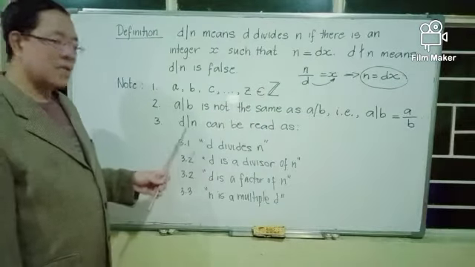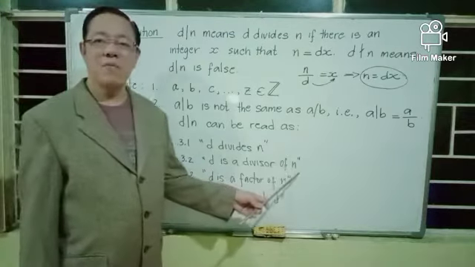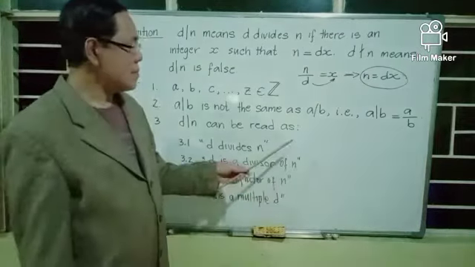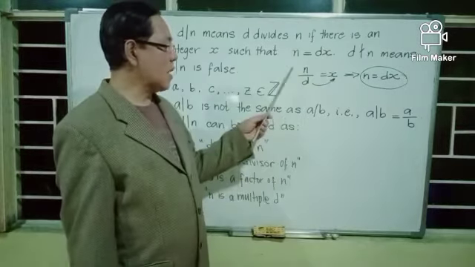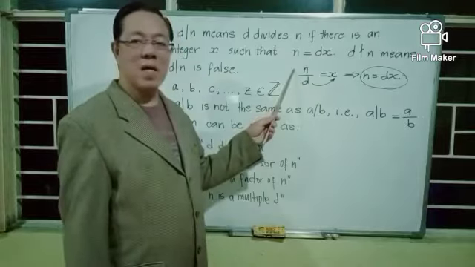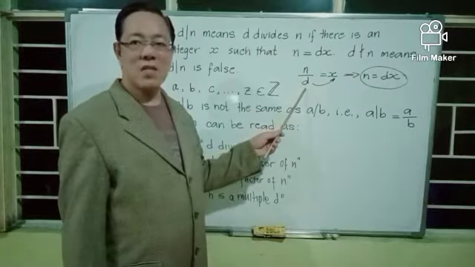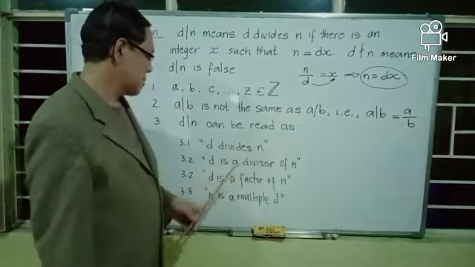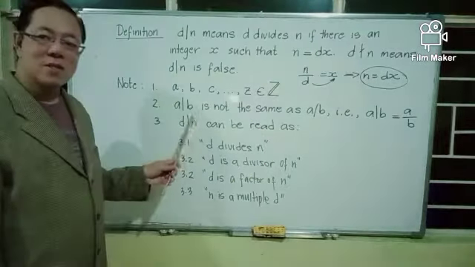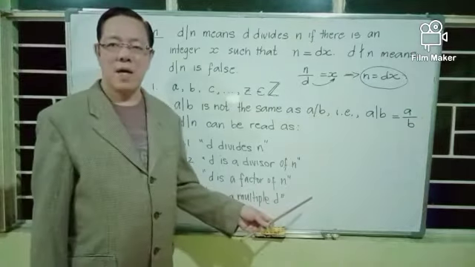Another way to read this notation is d is a divisor of n, because n is exactly divisible by d, or n can be divided exactly by d. Another way to read this notation is d is a factor of n.